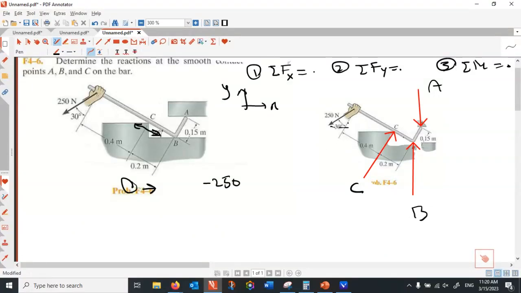If this is 30 degrees, that is going to be 60 degrees. So that 250 projected horizontally becomes cos 60. And then how do I project C horizontally?